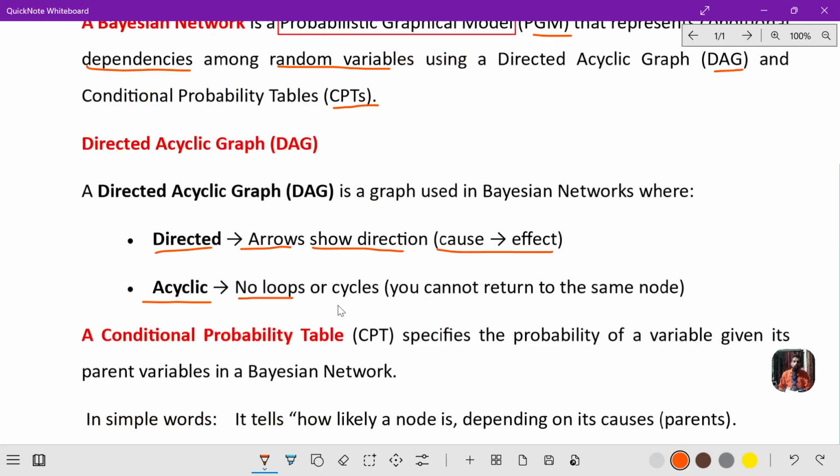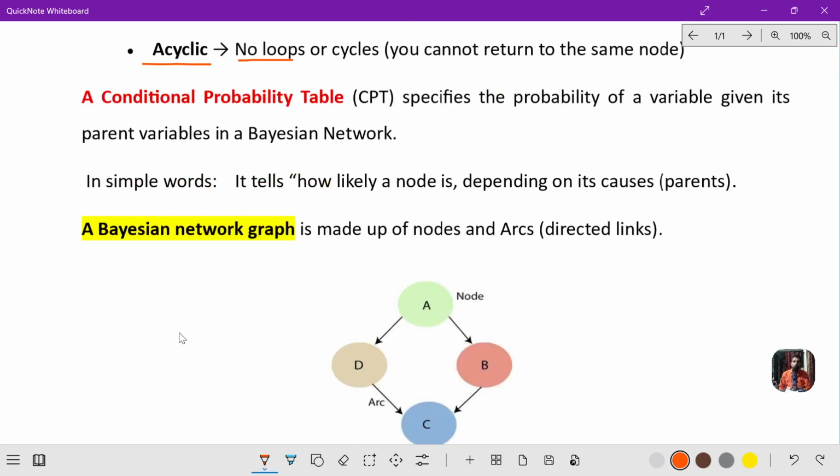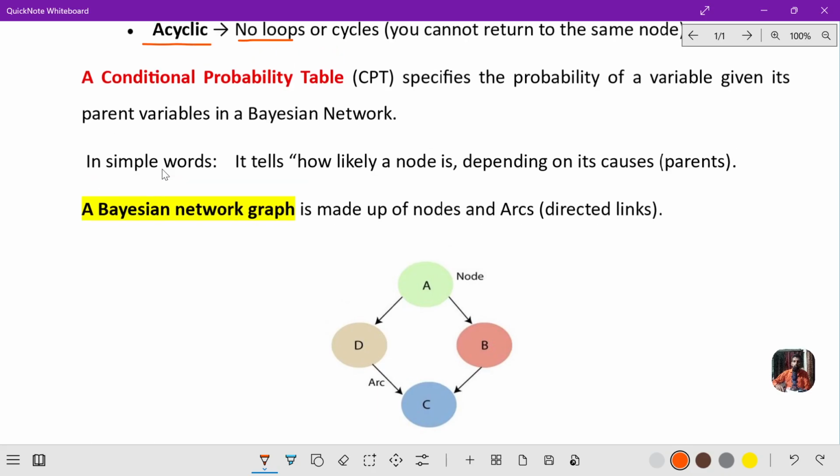Okay, now what is the meaning of conditional probability table? So please remember all of you, a conditional probability table specifies the probability of a variable given its parent variables in a Bayesian network.